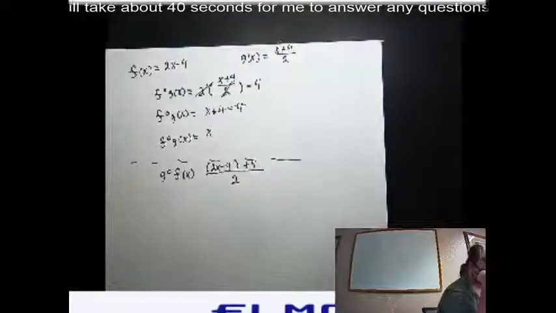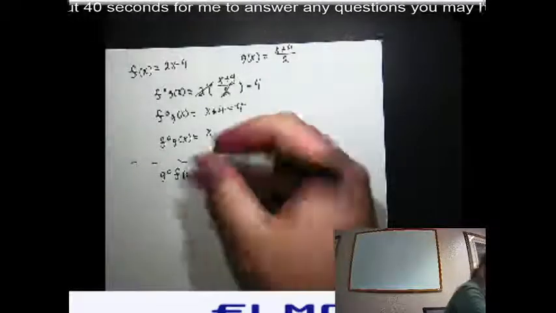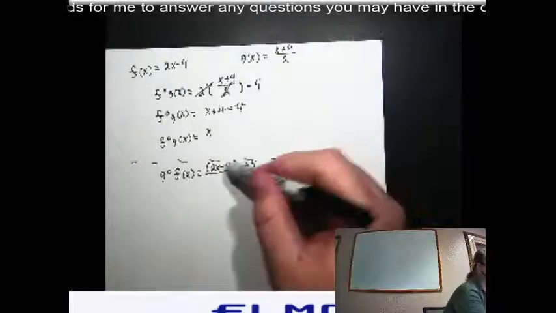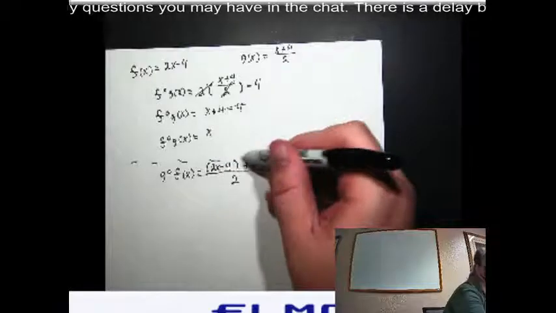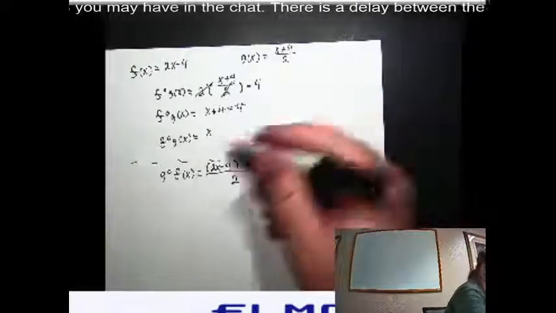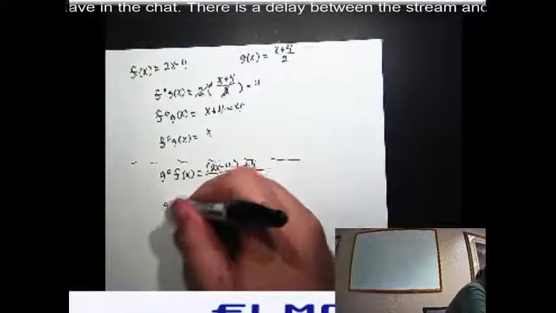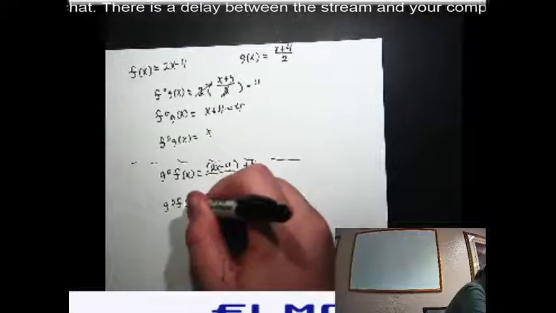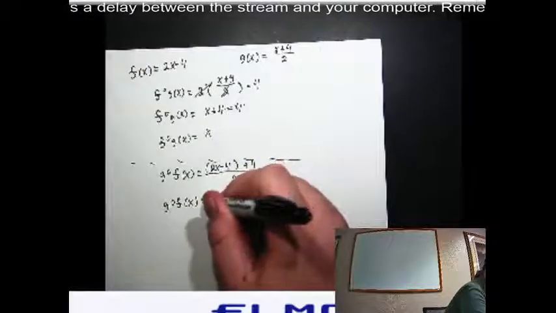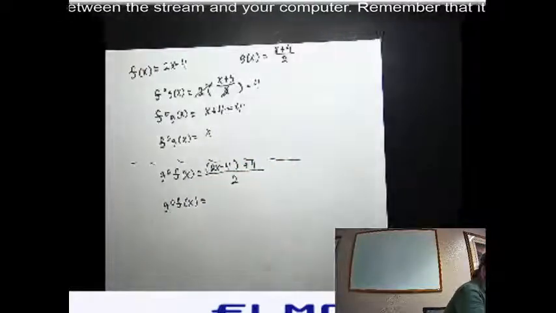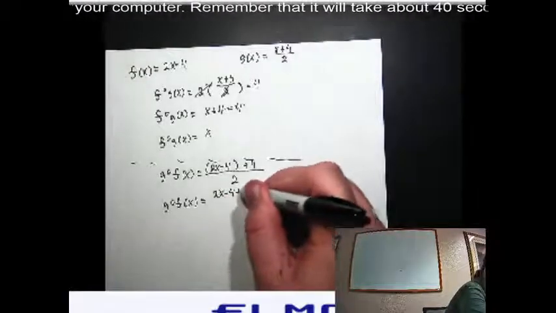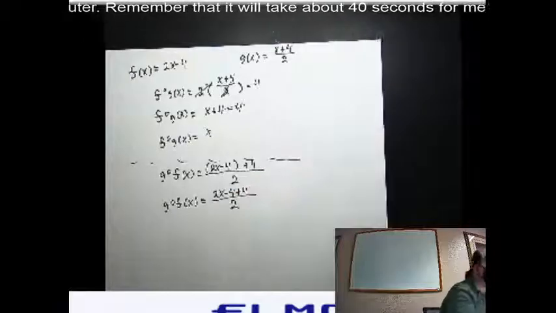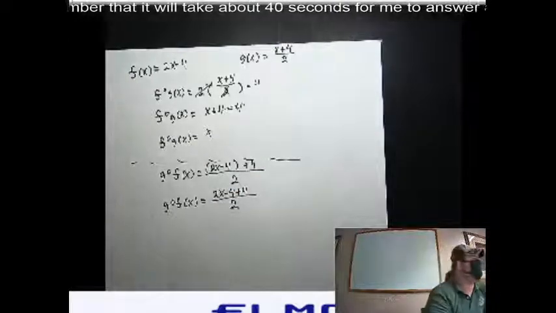So let's see what we get. Well, we don't really need these parentheses, do we? There's nothing multiplying by the parentheses. There's no powers on the parentheses. We can get rid of those parentheses real quick. Okay, so that would be 2x minus 4 plus 4 over 2. Ooh, what's going to happen again?